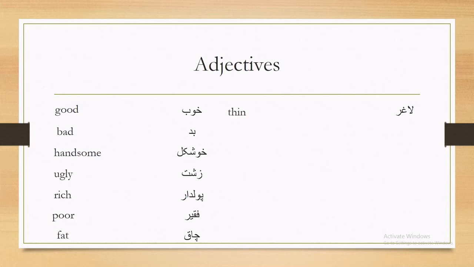Long, بلند. Short, کوتاه. Expensive, گرون. The v sounds او too.